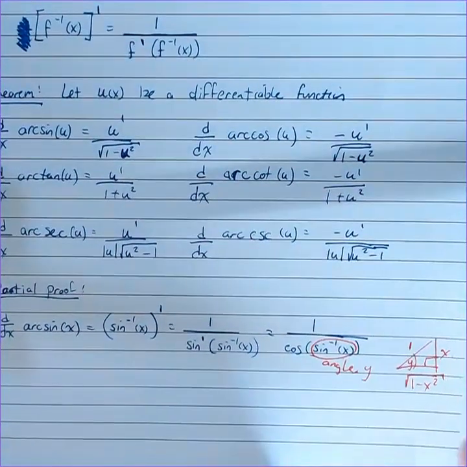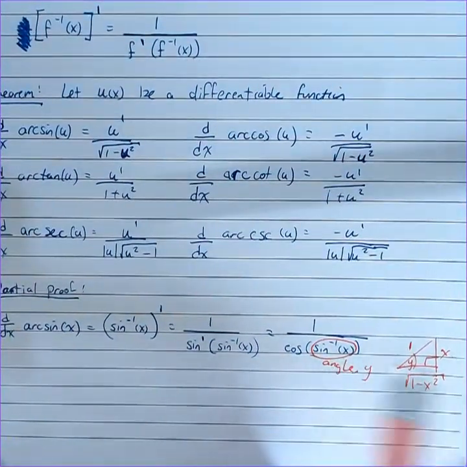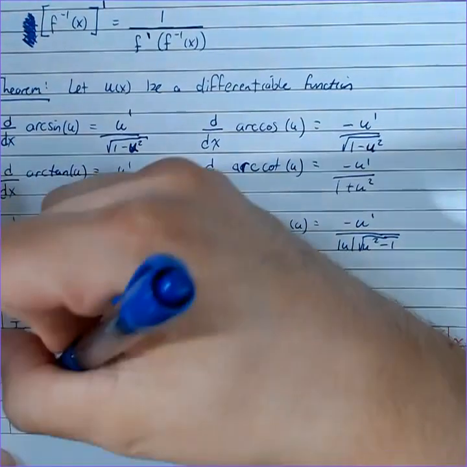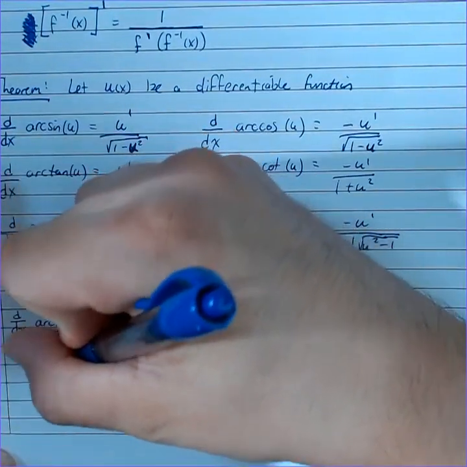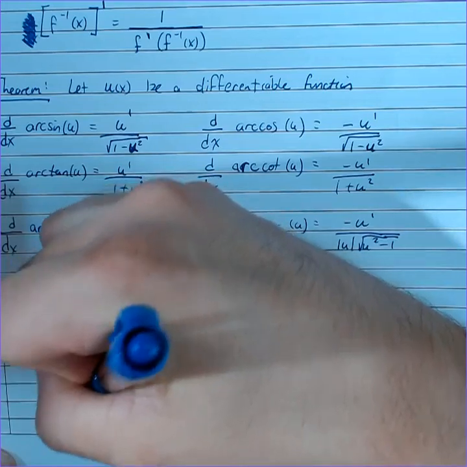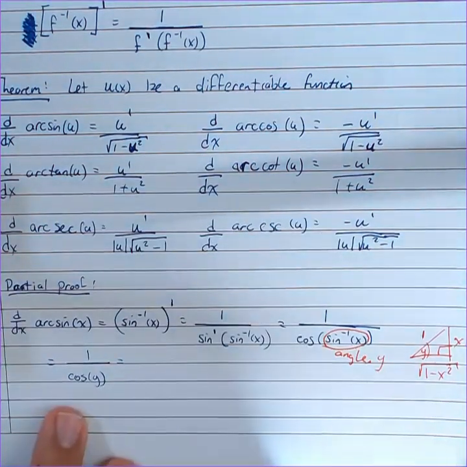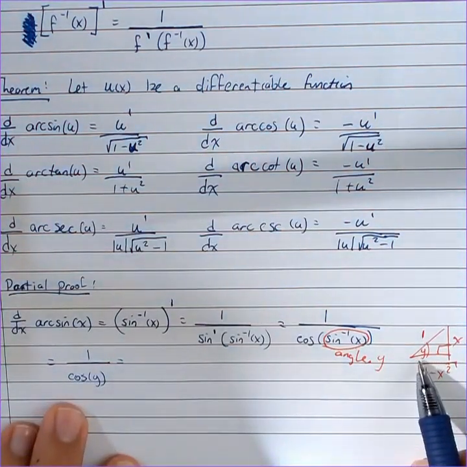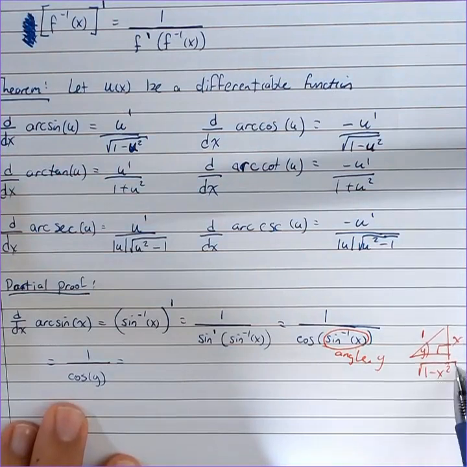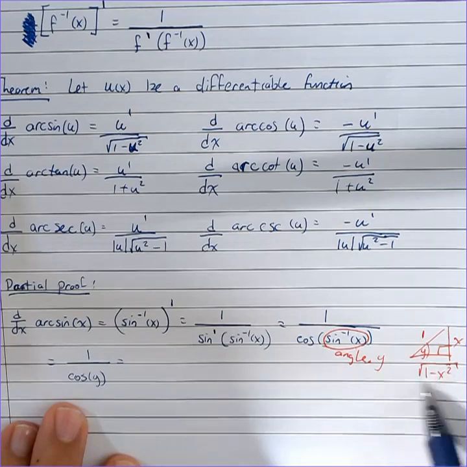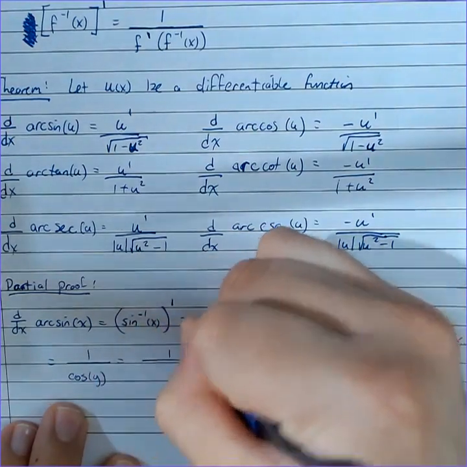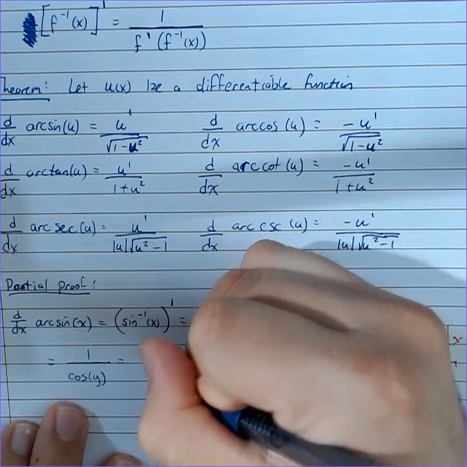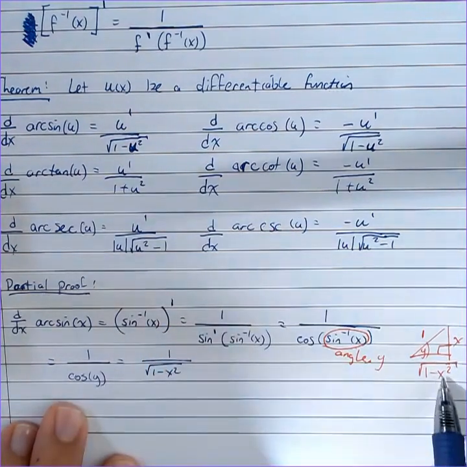So now if I want the cosine of that angle, well, let's see, that's going to equal 1 over the cosine of y. The cosine is the length of the side adjacent to the angle. Okay, so it's this side right here. It's going to be the square root of 1 minus x squared.